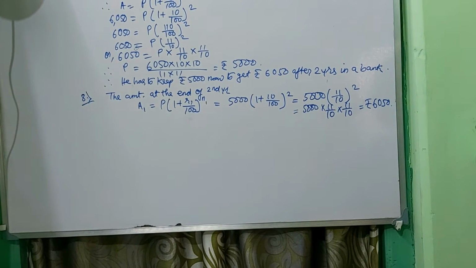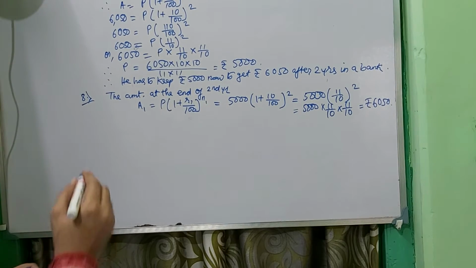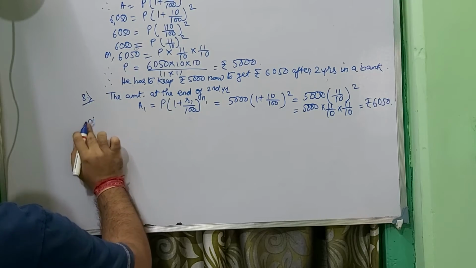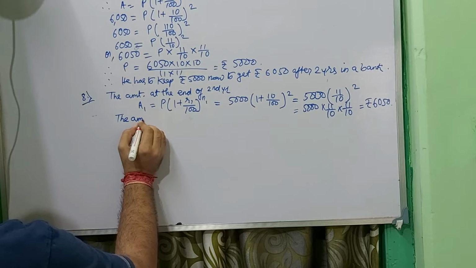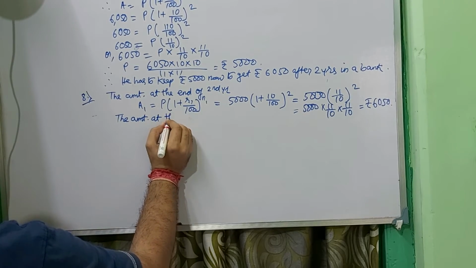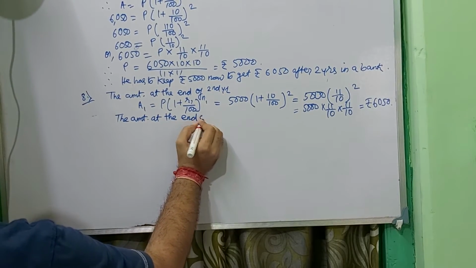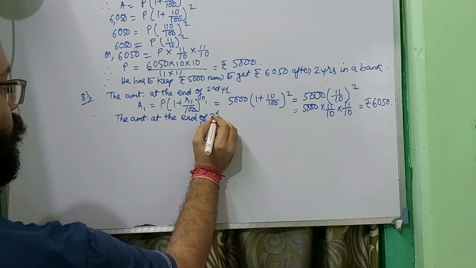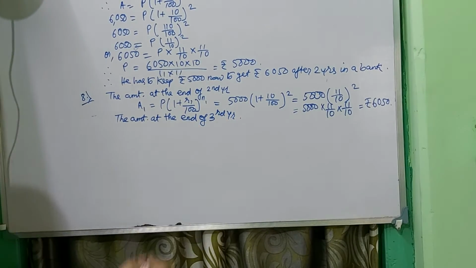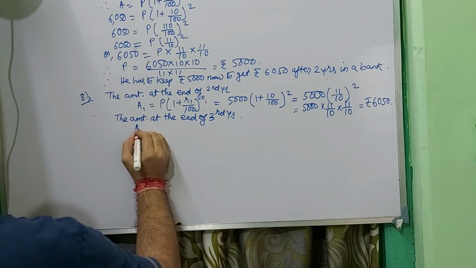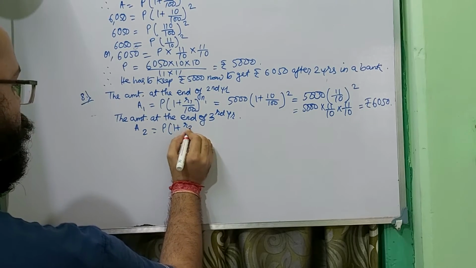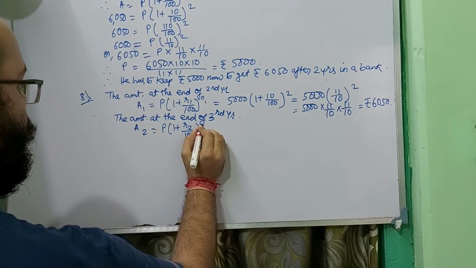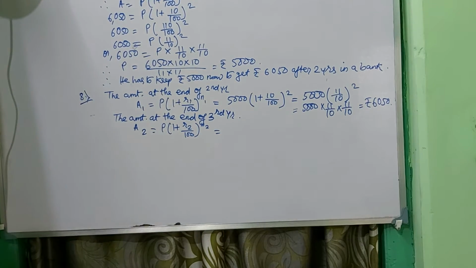Now what will be the amount at the end of the third year? The amount at the end of third year, A2 is equal to P into 1 plus R2 by 100 whole to the power N2.